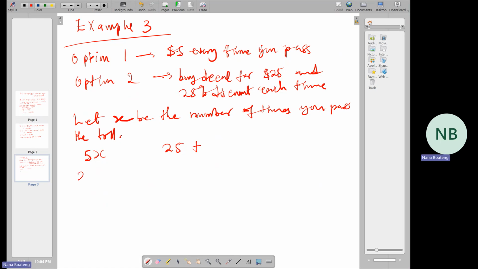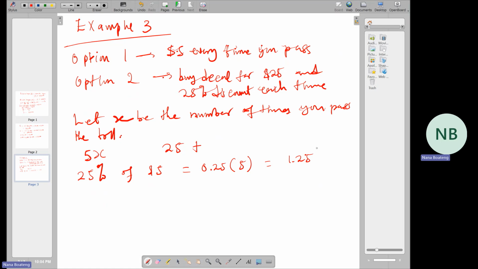So 25% of $5 is equal to 0.25 times $5, and that is 1.25. So each time that you pass, you get $1.25 off the cost of $5.